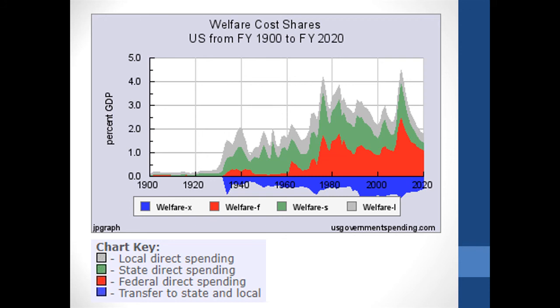But if we look at the top half of that, you can see that the federal government in red didn't really start to kick into spending until the late 1930s. Before that, it was really state and local governments, and even in the 1930s, it wasn't that much compared to how much the federal government spends now on welfare. It's not really until we get into the 1960s that the federal government is fully engaged in providing social welfare services.